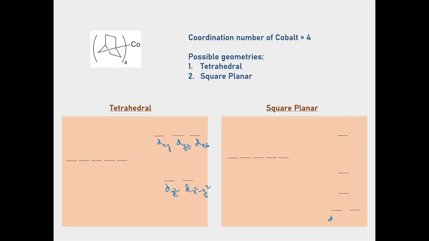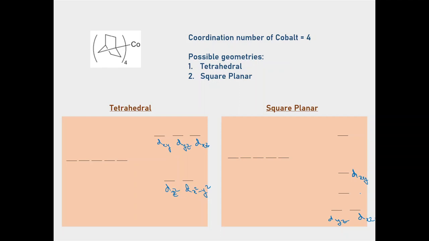Okay. And here in square planar, dxy won't be here. In this case, dxy is this, this is dyz and dxz.